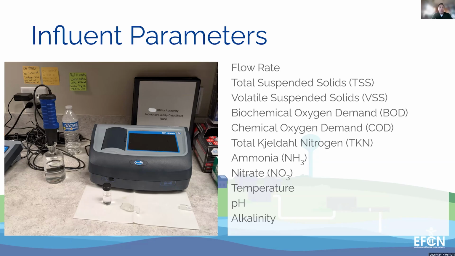We mentioned all of those last week and how they're calculated. But now we're going to go into what calculations we actually use them for to make process adjustments, like wasting, like understanding our sludge age and stuff like that. I'm sorry, those are the influent parameters.